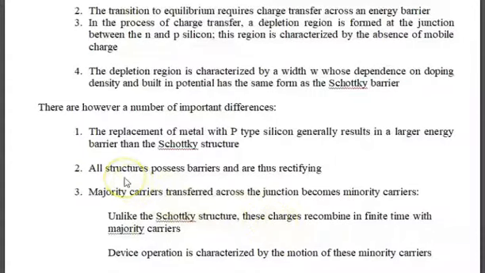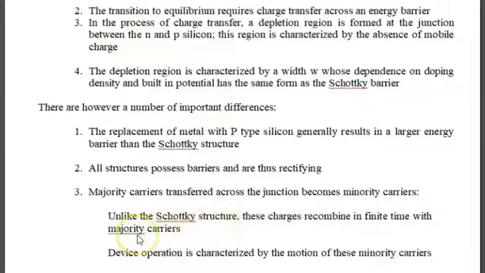Okay, unlike the Schottky barrier, where we had two rectifying and two non-rectifying contacts, all structures in p-n junctions have barriers and they are all rectifying. The Schottky barrier was a majority carrier device.